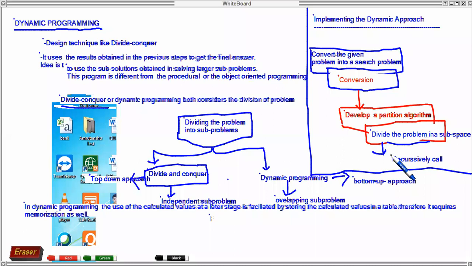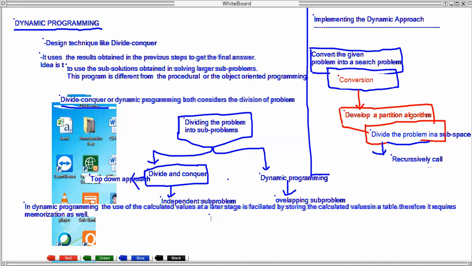We go for recursive calls, the theory behind it, recursive calls, and characterize a non-recursive procedure.